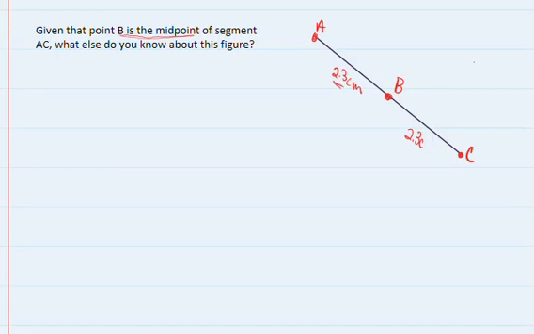So in a proof kind of form, what you would have is, let me write the word proof here. So you might be given, it might say something like, point B is the midpoint of segment AC.